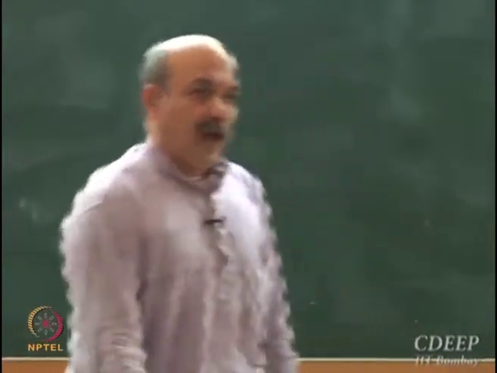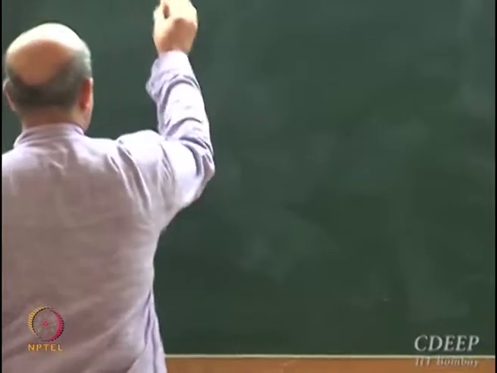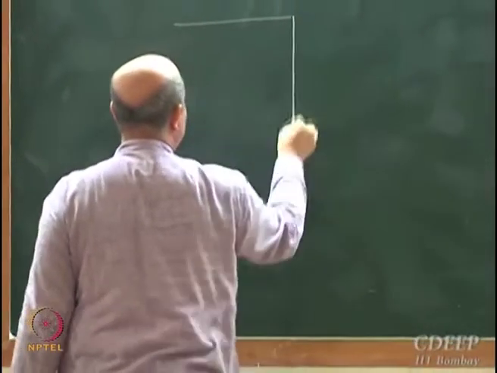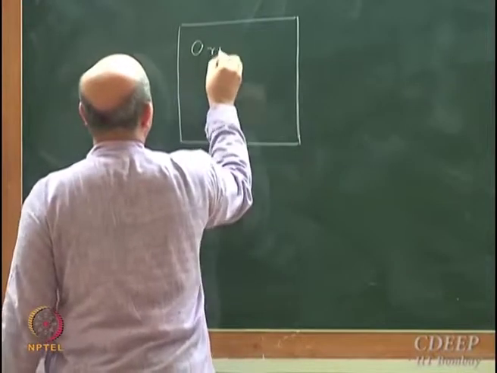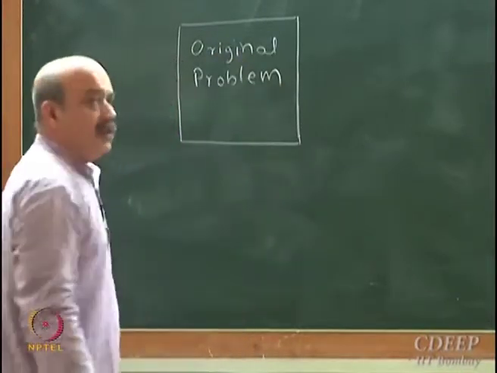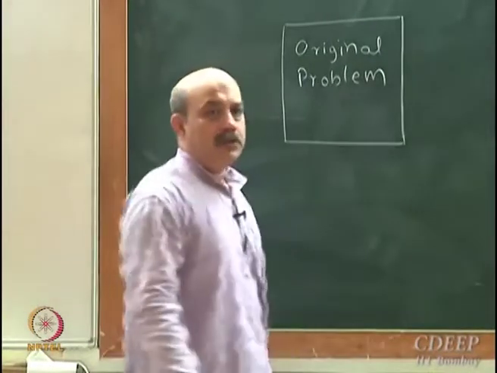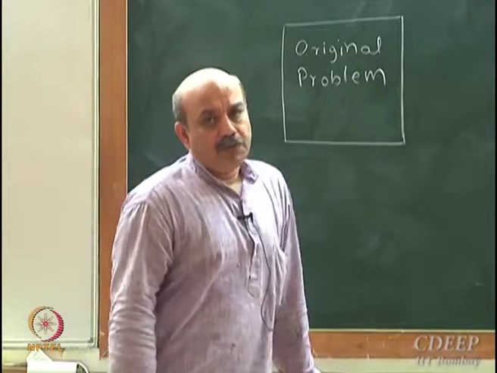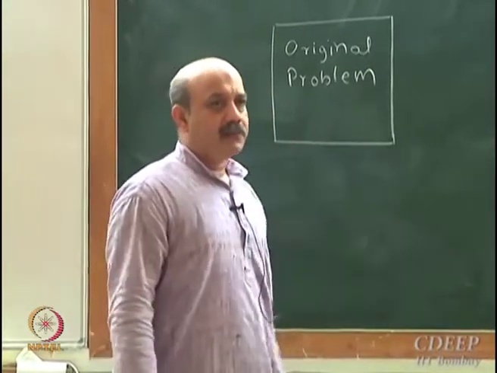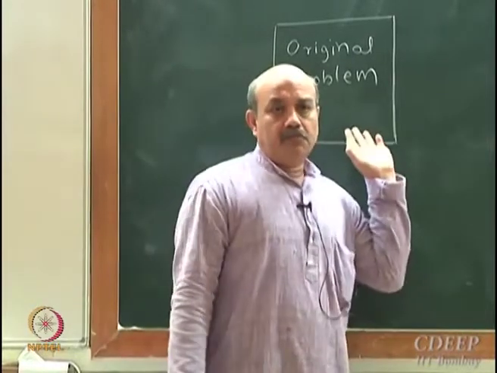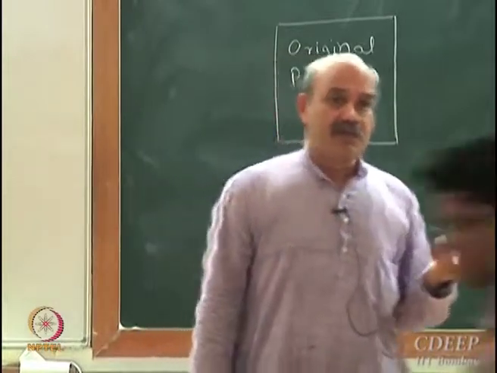So I just want to draw the picture that we started with. We had this original problem. This original problem was nonlinear algebraic equations, boundary value problems, partial differential equations, all kinds of things that arise in modeling of engineering systems. There could be differential algebraic equations.